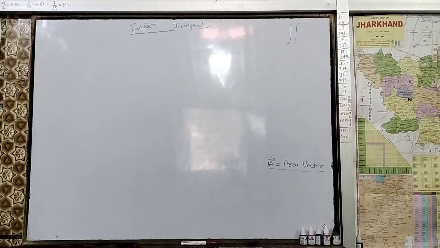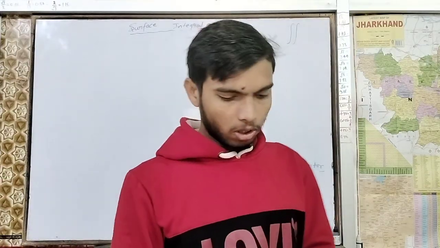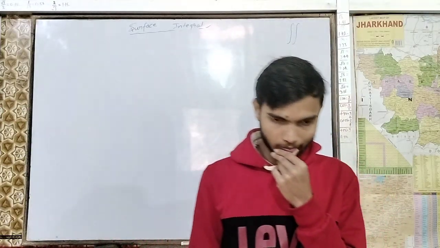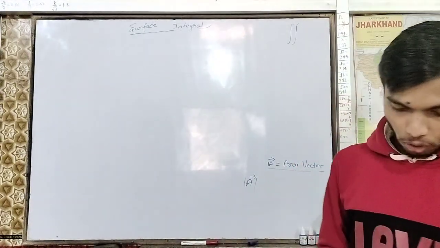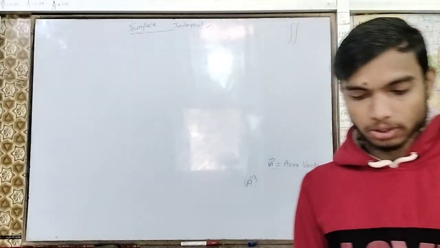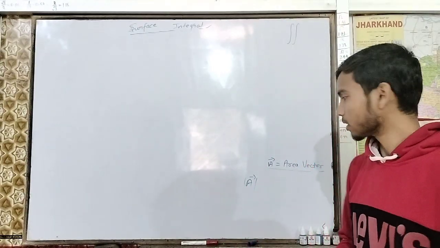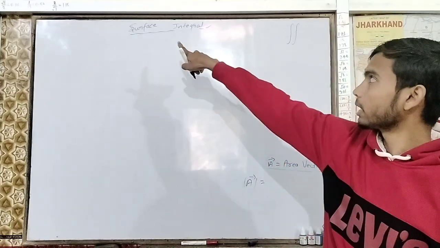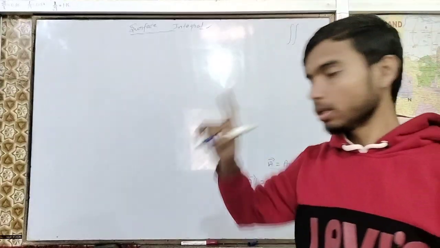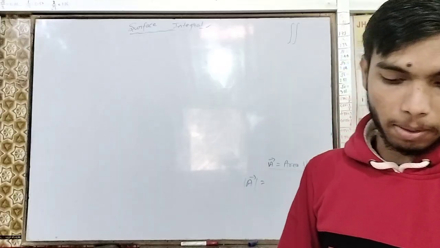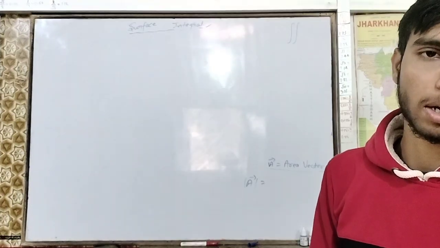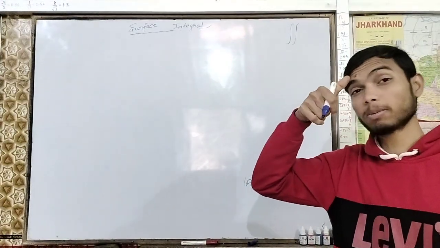The magnitude of the area vector is equal to the area of the surface, and the direction of the area vector is perpendicular to the plane and radially outwards. The direction will be outward.